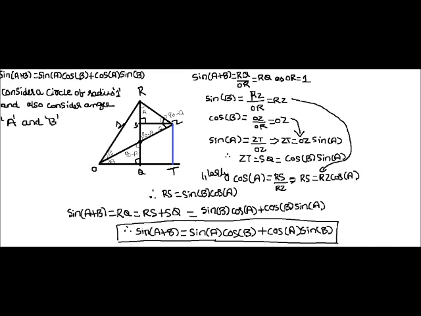Now consider angle A, which is at O in the triangle ZOT. In that triangle, if it is angle A, then from the diagram you can see the other angle is 90 minus A, because the sum of the three angles of a right angle triangle, or in general any triangle, is 180 degrees.